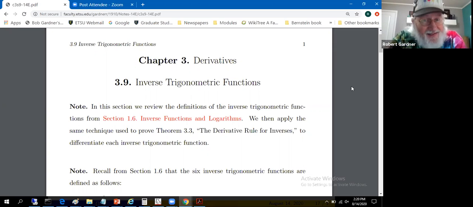So next, let's use derivatives. So we'll start with applications of derivatives in section 3.10. All of chapter 4 is devoted to applications of derivatives. So now we're going to use derivatives for the next probably 7 or 8 sections.